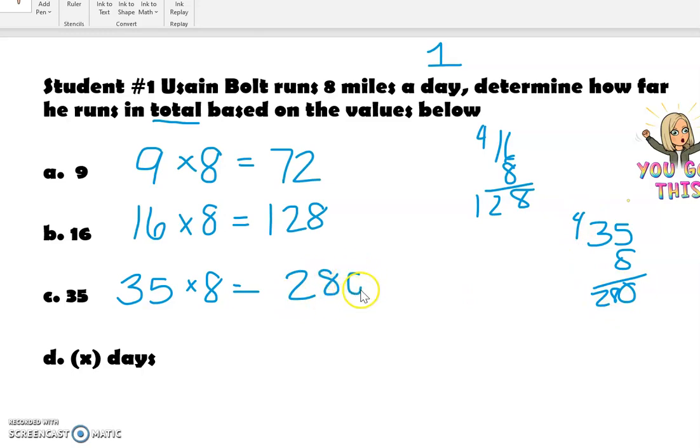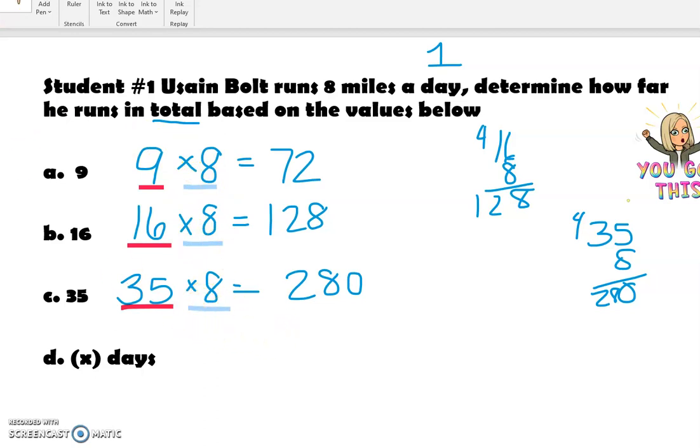Again, when I go to write the equation, if I'm looking at values for A, B, and C, I'm going to put the variable x where I have something that changes. So again, 9, 16, and 35, those first numbers are all different, whereas we multiplied each of them by 8.